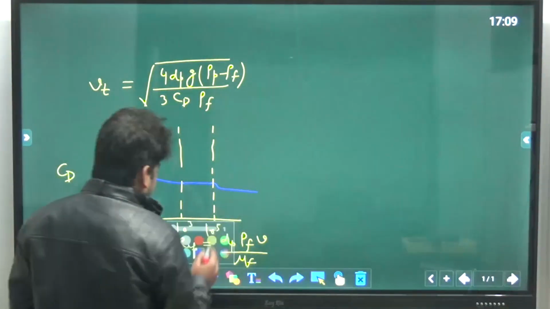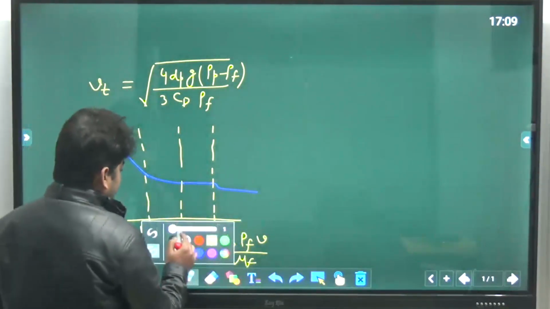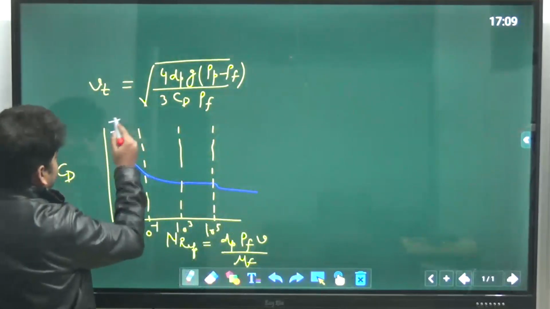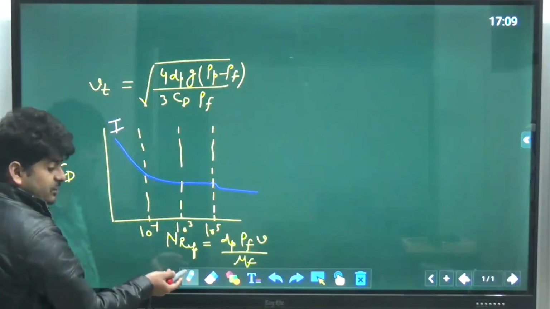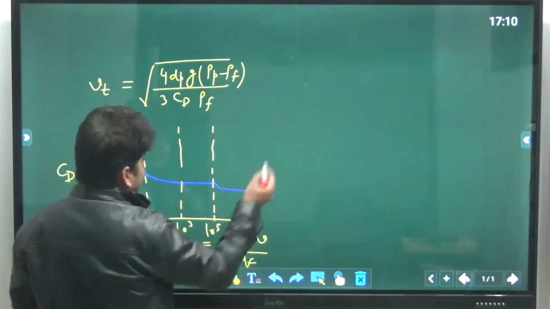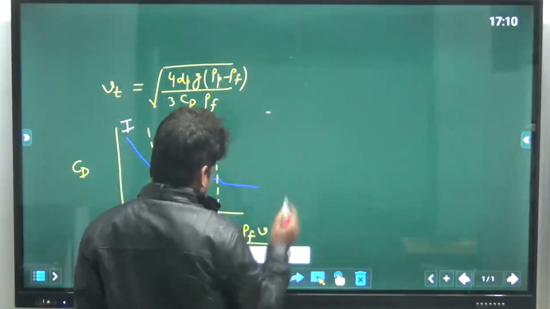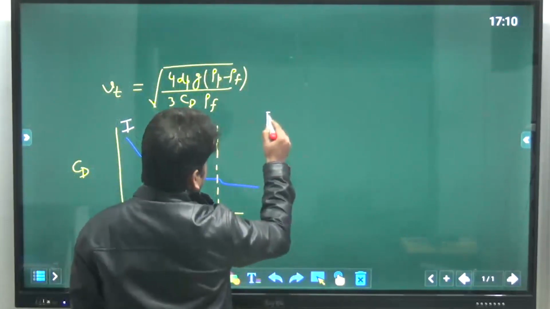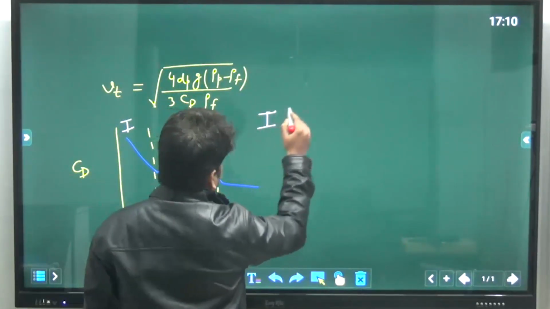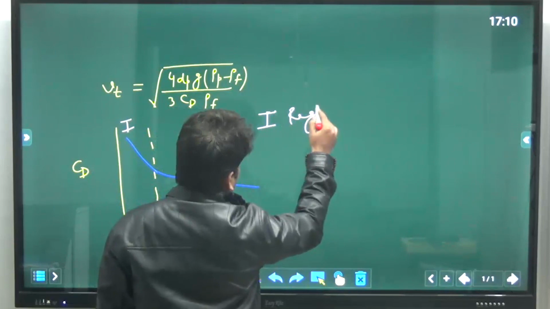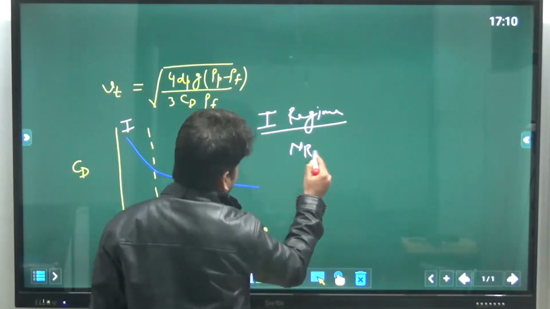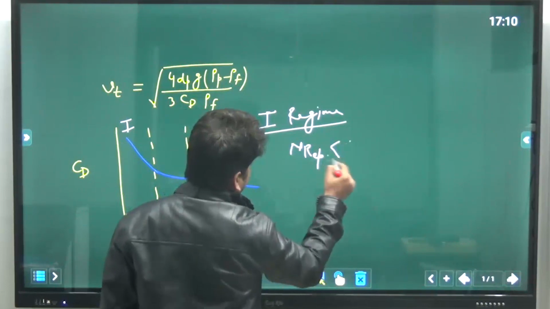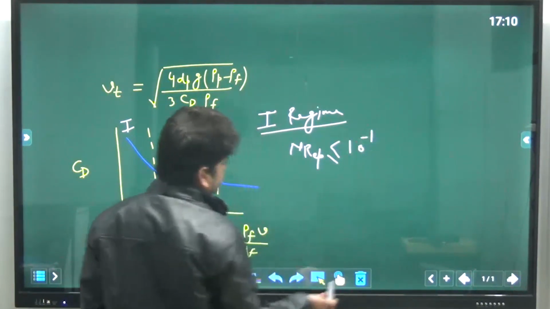As you can see, for the first regime it is linearly changing with particle Reynolds number. The first regime is also known as the laminar flow regime, where the particle Reynolds number is less than or equal to 10 to the power minus 1.